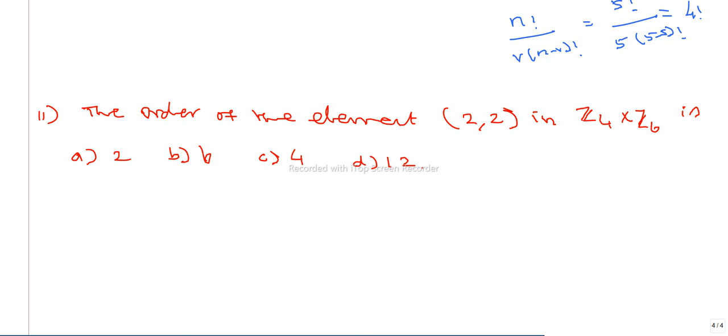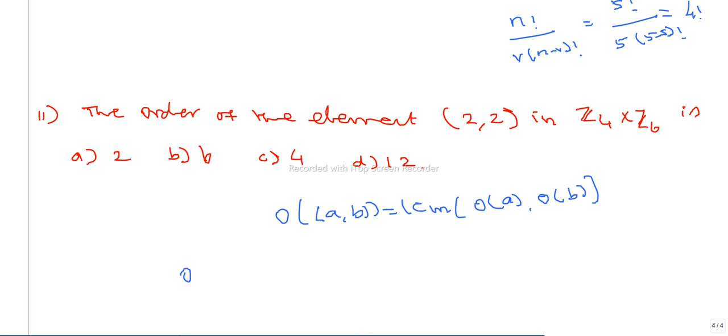Usually, what is the order of an ordered pair? It should be the LCM of the order of the first element and the order of the second element in the corresponding groups. The order of 2 in Z4 is 2, because we add 2 two times, that is 4, which is nothing but 0.